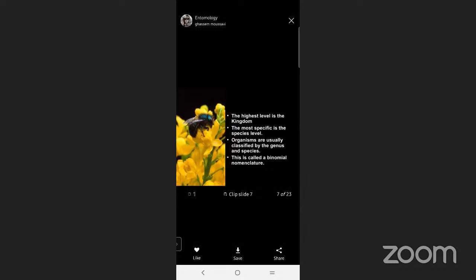The highest level is the kingdom, and the most specific is the species level. Organisms are usually classified by the genus and the species. So this is called binomial nomenclature, which we have been studying from the Inter.